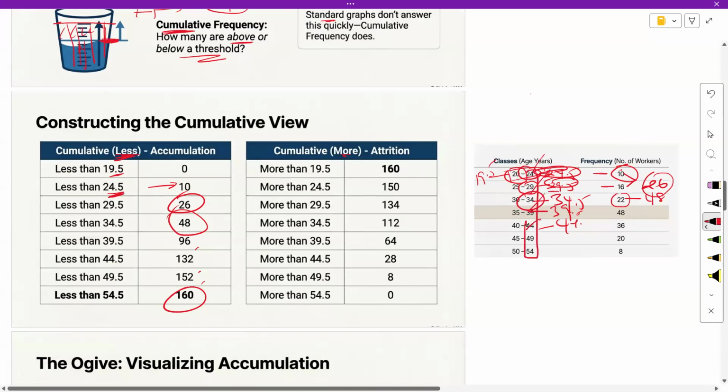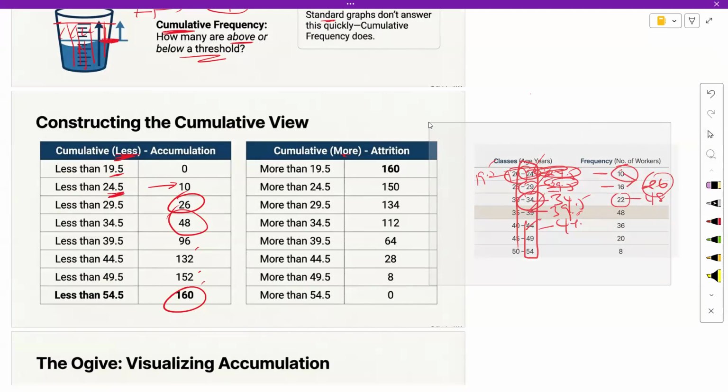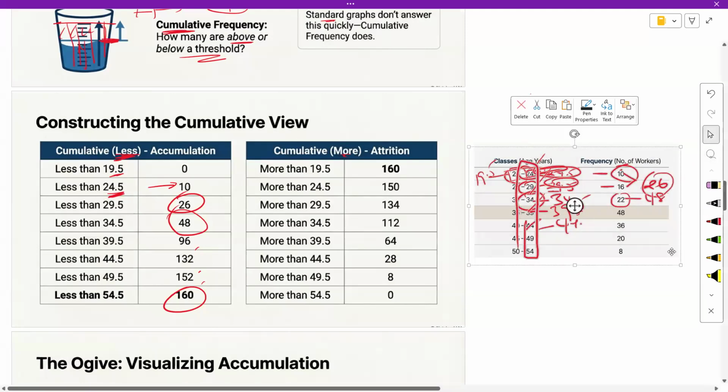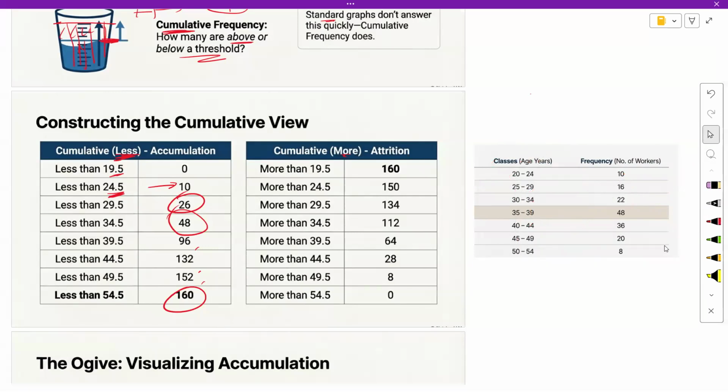Upper boundary of each class, less than. So that is one thing. Another method is more than. More than 19.5, when you look at this table. In the cumulative less, we take the upper boundary: less than 24.5, less than 29.5, less than 34.5, like that.